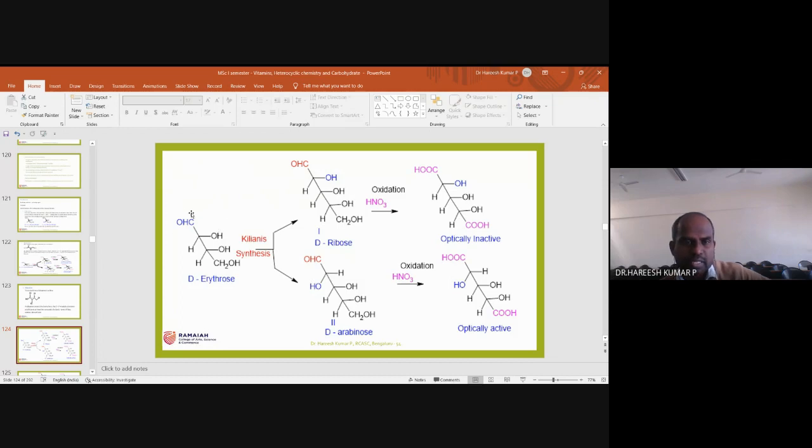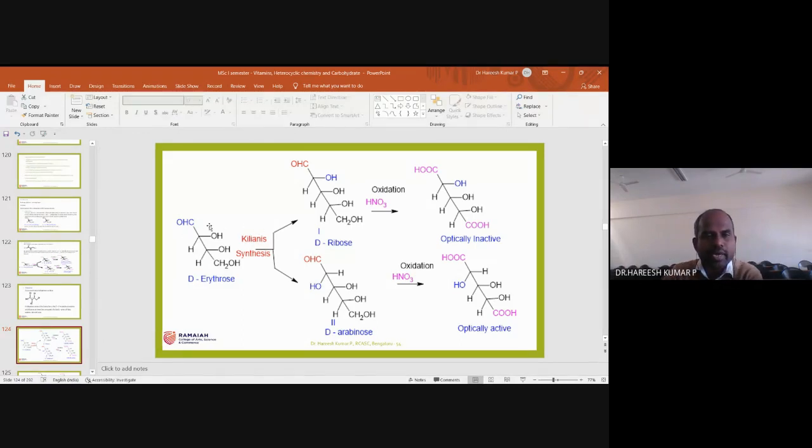On this carbon atom, if the OH is on the right hand side, then it is ribose. If the OH is on the left hand side, then it is arabinose. And how is this CHO converted into OH by Kiliani-Fischer synthesis? It is treated with hydrogen cyanide.